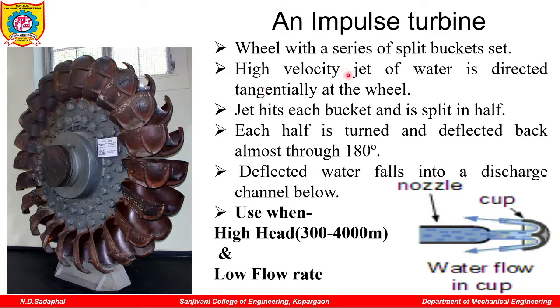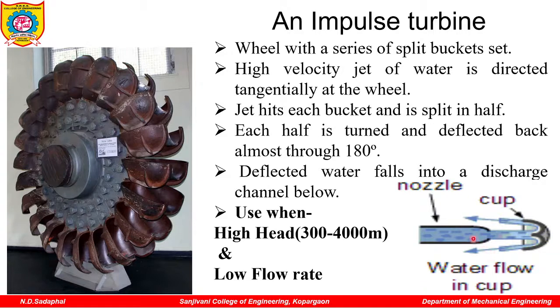Now when a high velocity jet of water is directed to these buckets, this jet will hit the bucket. Okay, now you can see here, this is a jet of water. It hits the bucket and splits into two halves. Okay, two buckets are there. So one side of the water will go on one side, and the other side of the water will be directed in reverse.